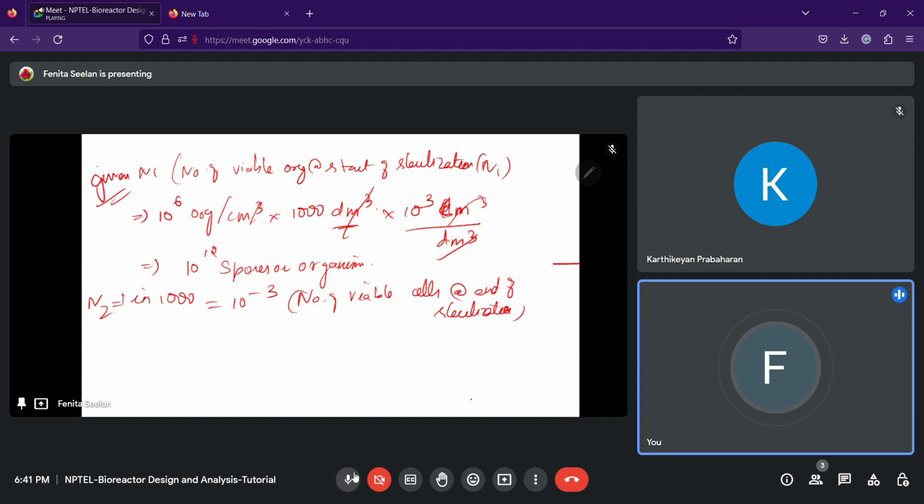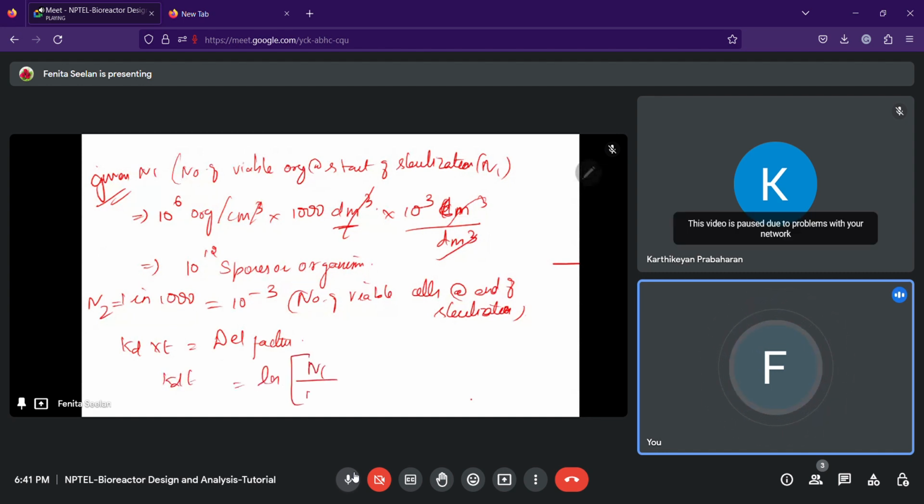So the del factor, kD into t, is what you were asked. To calculate the del factor, the formula is ln of N1 divided by N2.